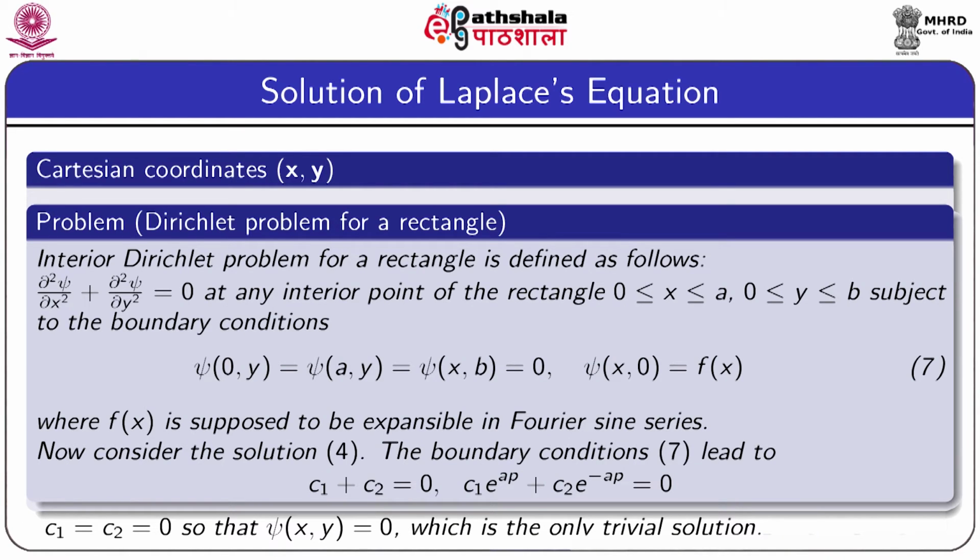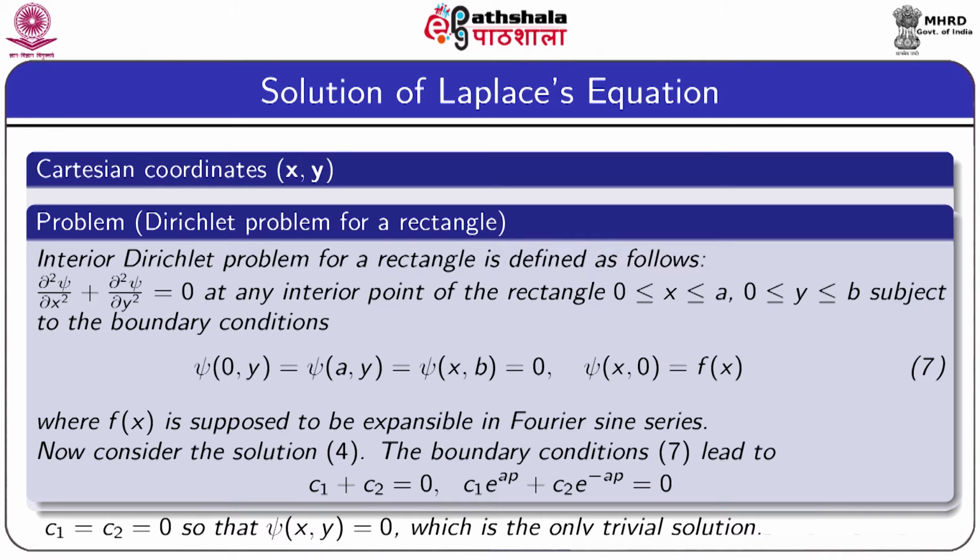Those two equations are written here. If we solve these two equations, we get C1 equals C2 equals 0. So the function psi becomes 0.